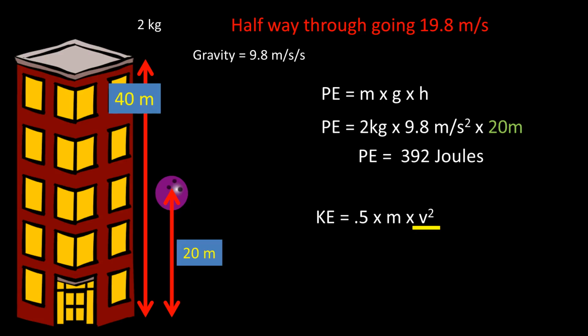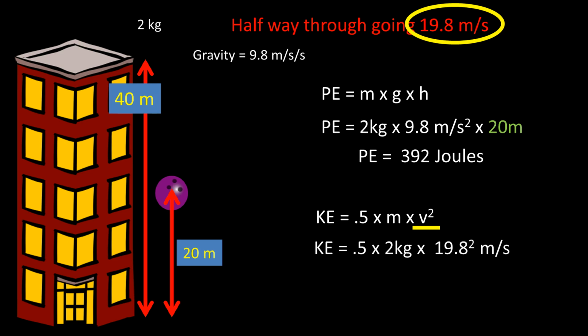Next, we'll calculate kinetic energy. And again, kinetic energy uses velocity. It does not use acceleration. Just like in the explanation I gave a few seconds ago, it is the speed at which the ball is going at this very moment. And it says that halfway through, the ball is traveling at 19.8 meters per second. So that's the velocity. Plug that into the formula.